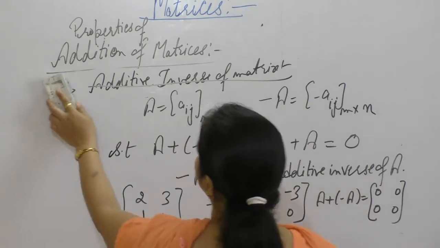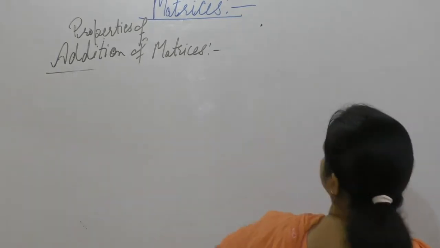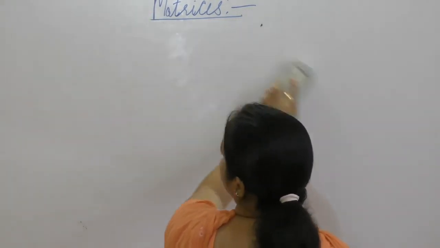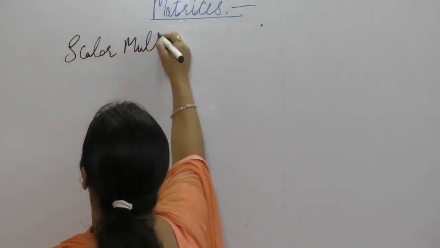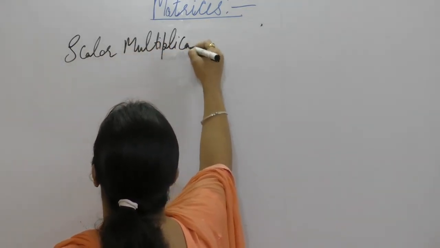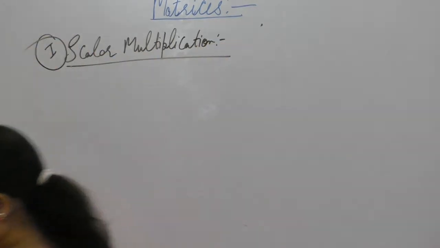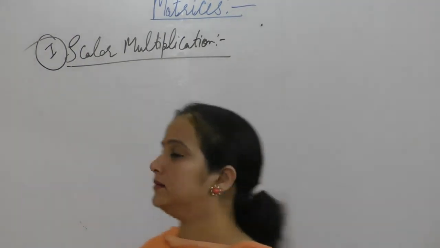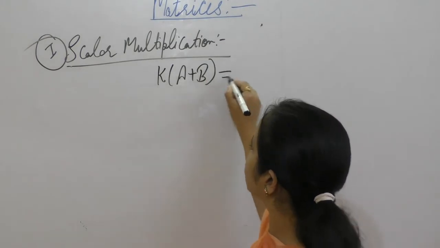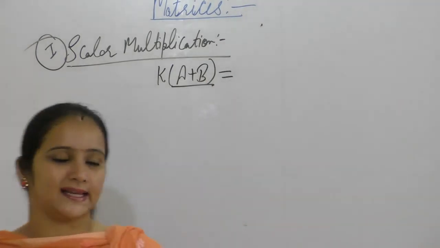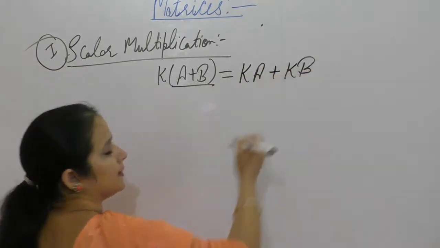Now properties of matrices under multiplication. First one is scalar multiplication. If we multiply the addition of two matrices by a scalar, then we get Ka plus Kb.